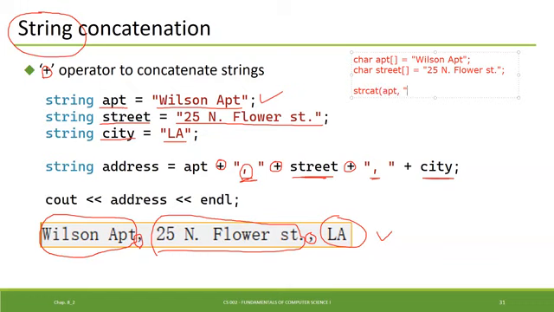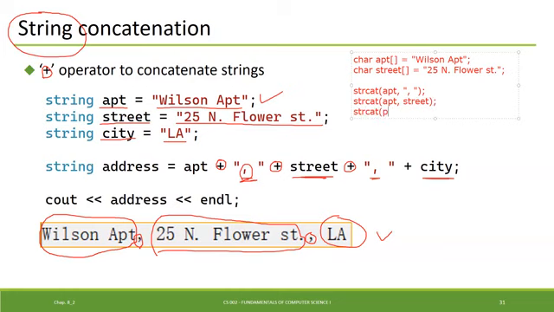If you want to add a comma, then concatenate comma to the apt, right? And then concatenate apt. Now apt has the comma as well, right? And then concatenate street. Do you understand what I'm doing?